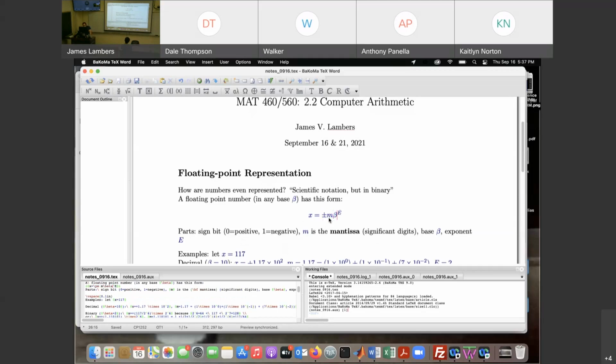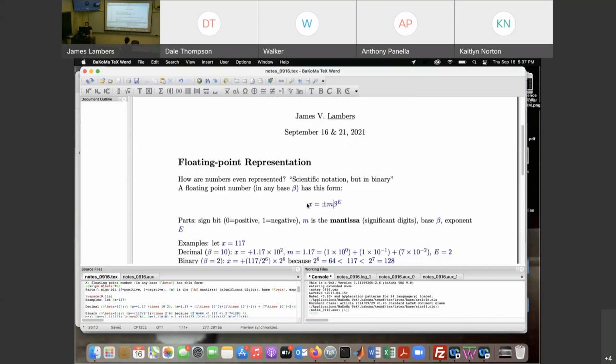And then we have here little m, that is the mantissa, so that consists of all of these significant digits. You think in terms of the significant digits from scientific notation, and that's this part of the number right here. So the idea is, when you have a real number, to break it down into these parts to understand how it is stored internally.